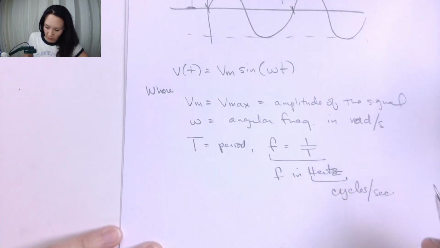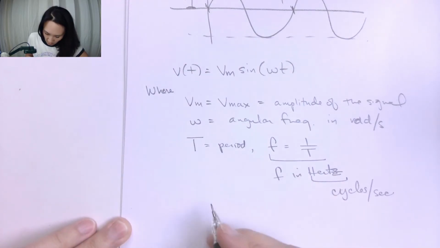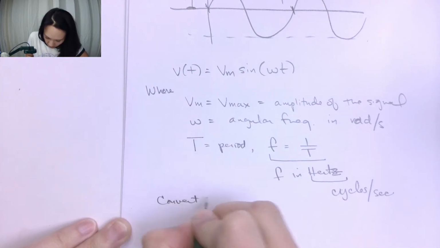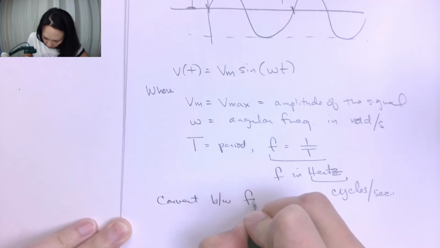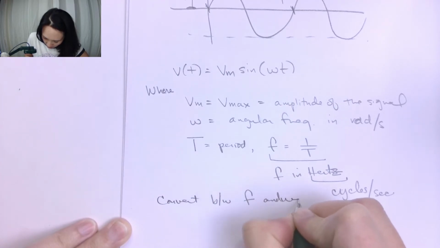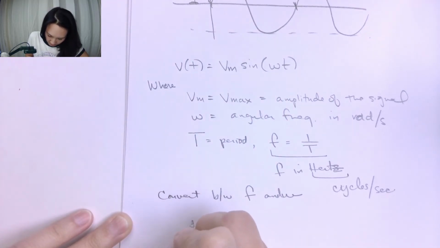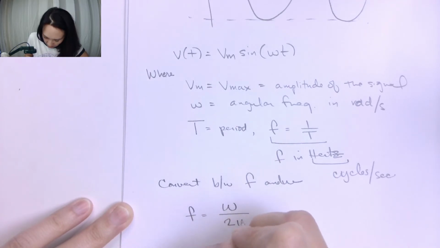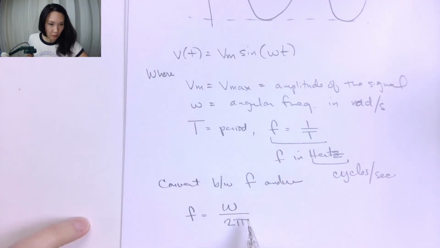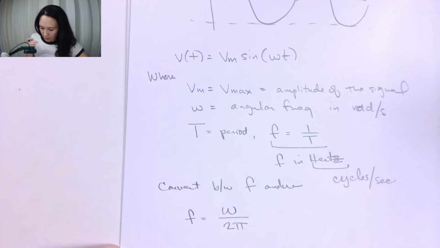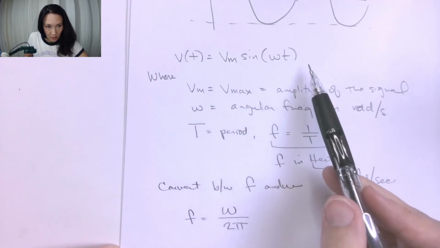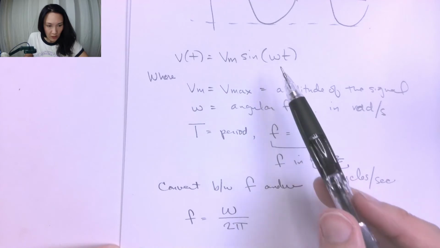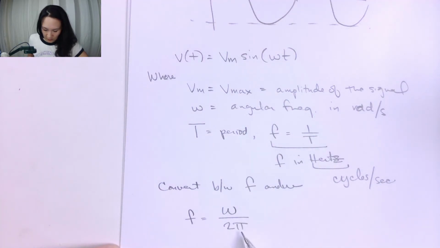So to convert between f and omega looks like this: frequency is going to be angular frequency divided by 2 pi. You might need this conversion if you're given a problem where you know the frequency in cycles per second, but you want to put it into this radian form and you need to find out what the omega is. You would just take your frequency, multiply by 2 pi, and that would give you the omega.